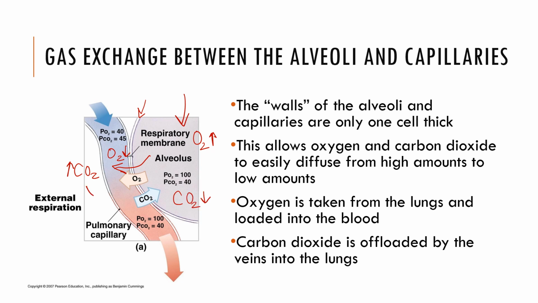So the high levels of CO2 in our blood naturally move over towards the low levels of CO2 in our alveoli. Now, what basically just happened is when I breathed in and filled my lungs with oxygen, that oxygen is forced into my blood. The CO2 then offloads into my lungs and fills my lungs with CO2. And when I breathe it out, I'm releasing all that CO2 that just got put in there.